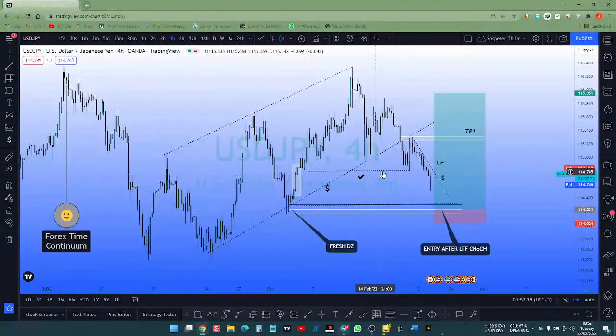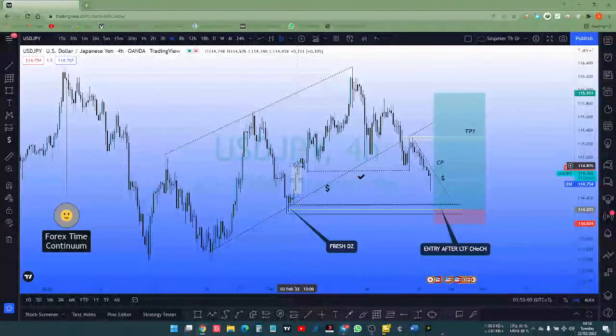There was this fake out, or the equal lows. We can see a clean grab. So where have I marked the zone? It's a flash demand zone. Does it meet the requirement of a demand zone? Yes. Why? The demand zone has caused an imbalance, 3 clean candles.